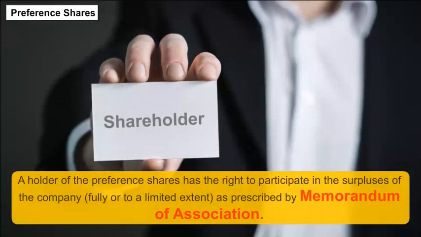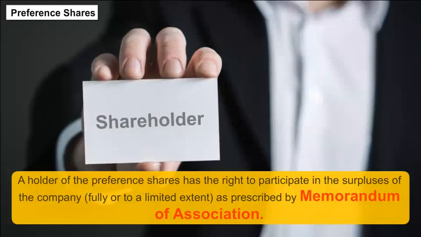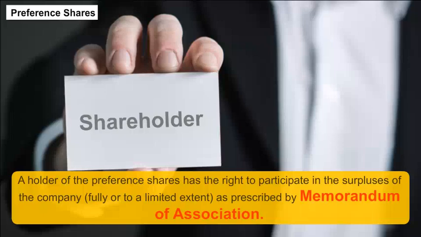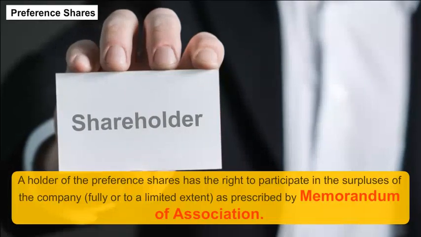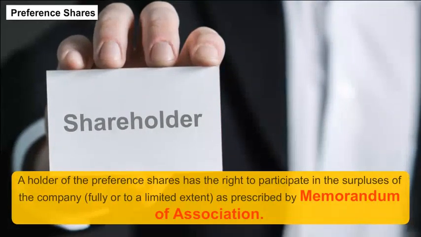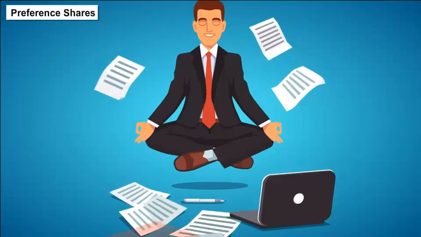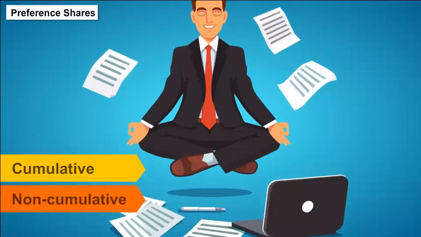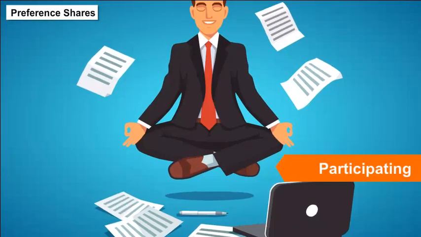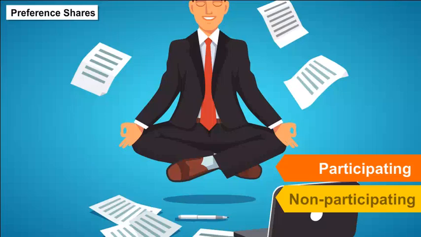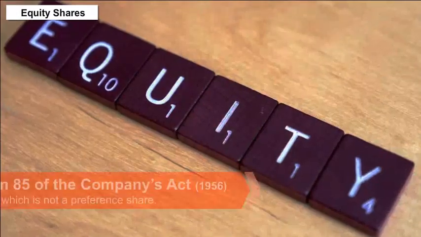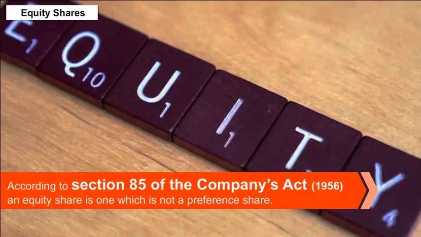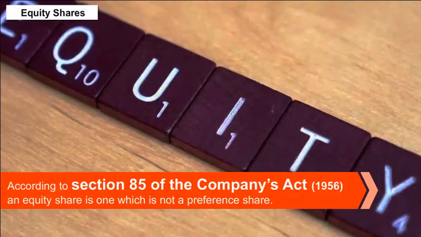A holder of the preference shares has the right to participate in the surpluses of the company, fully or to a limited extent, as prescribed by the Memorandum of Association. These shares can be redeemable or irredeemable, cumulative or non-cumulative, or participating or non-participating. Equity shares. According to Section 85 of the Companies Act, an equity share is one which is not a preference share.